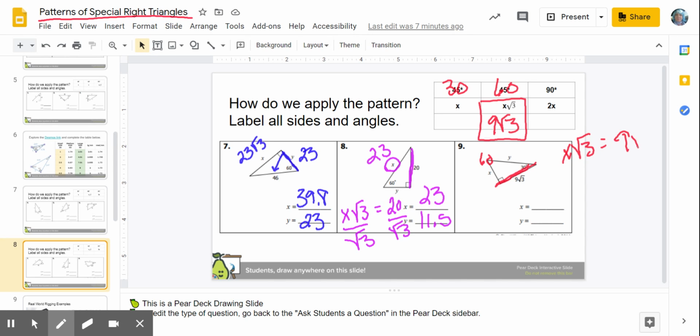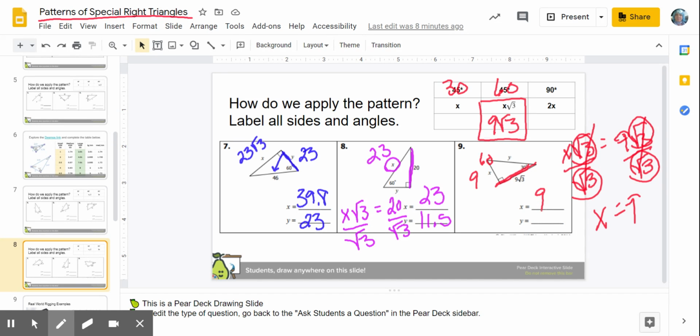So if x times the square root of 3 equals 9 times the square root of 3, I solve that by dividing by the square root of 3, right? And if I multiply by a number and I divide by the same number, don't they cross out? So which side is 9, x or y?